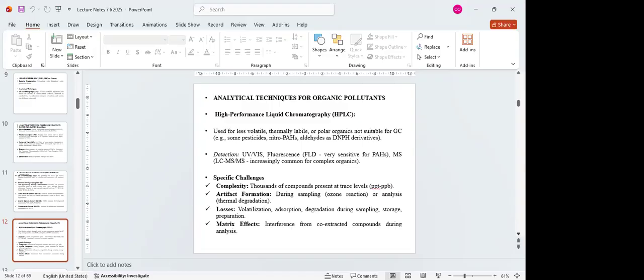Now, specific challenges with these techniques and equipment are that they are complex. Artifact formation is there, losses are there, matrix effect is there. What are we looking at when it comes to complexity? Because of their capacity and ability, they tend to handle thousands of compounds that are present at trace levels, parts per million, parts per trillion.